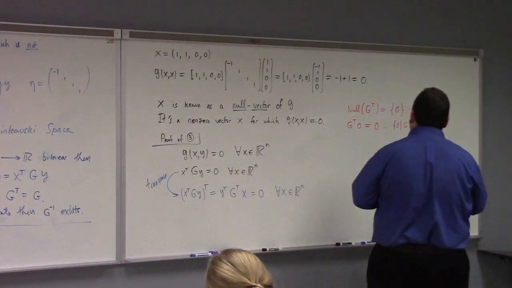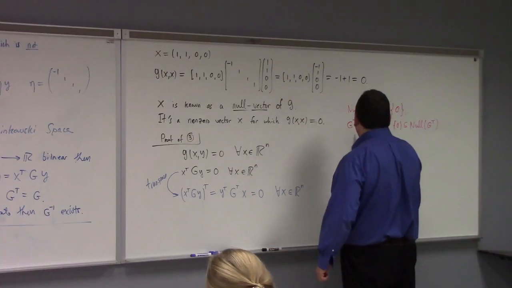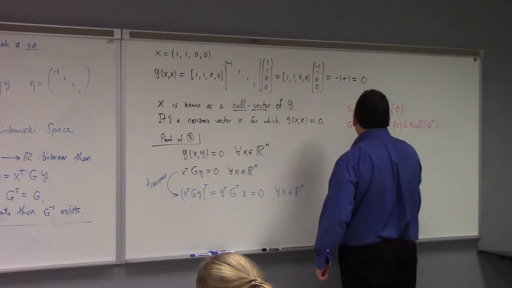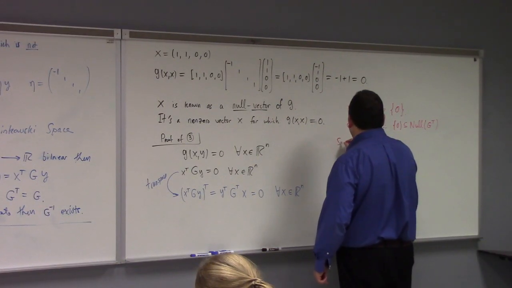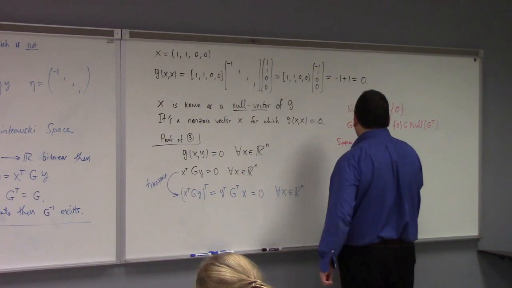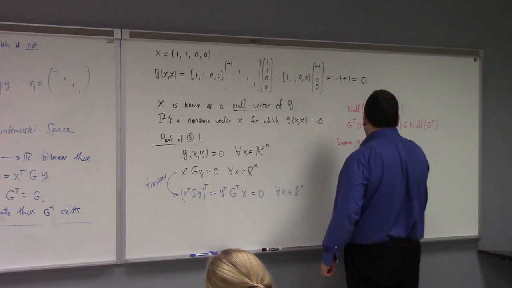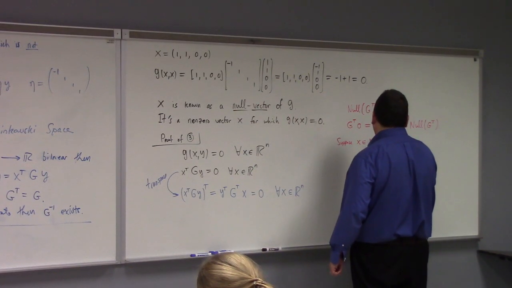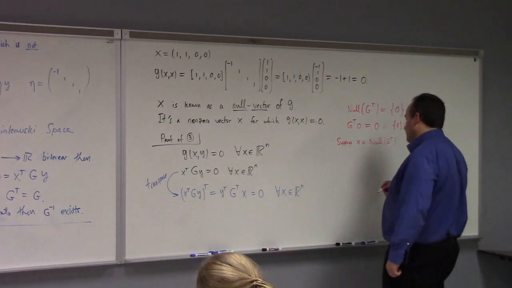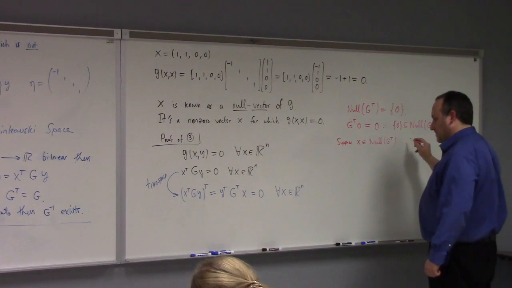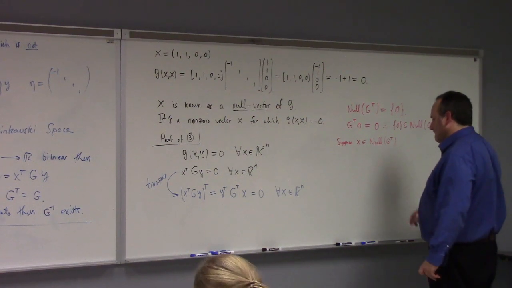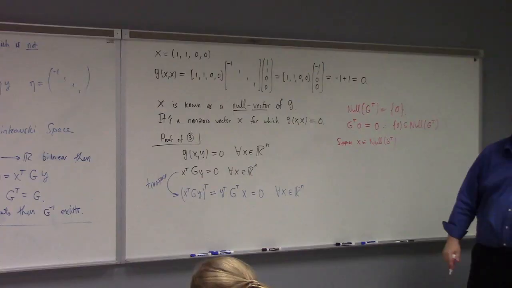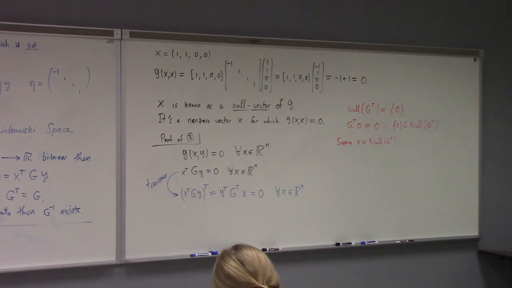All right. So on the other hand, suppose x is an element of the null space of G transpose. I'm sorry guys, I need to step back.